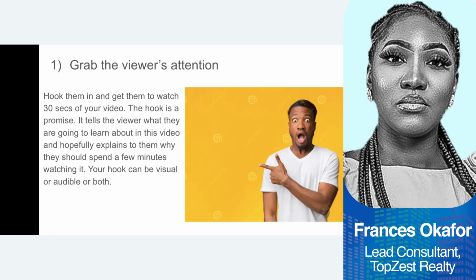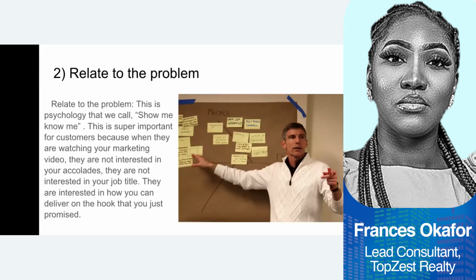So your hook can be a visual or audible or both. Whether they have seen your face or they are seeing pictures or anything, it should be audible. Okay, so you have to relate to your audience or your viewers' problem.